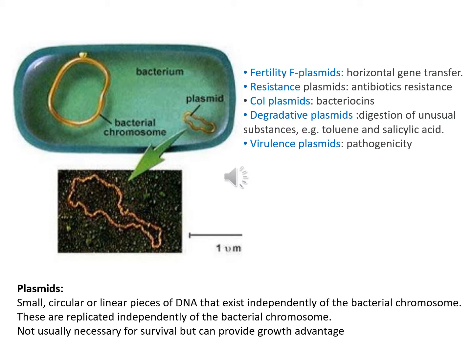However, these plasmids provide the bacterium some growth advantage. For example, some of these plasmids carry antibiotic resistance genes or genes that enable the bacterium to digest or metabolize specific substrates and so on.